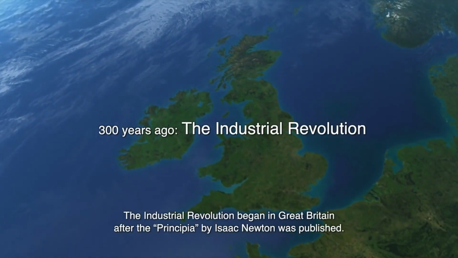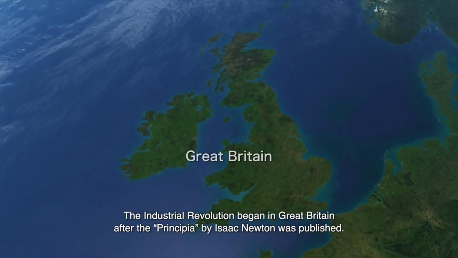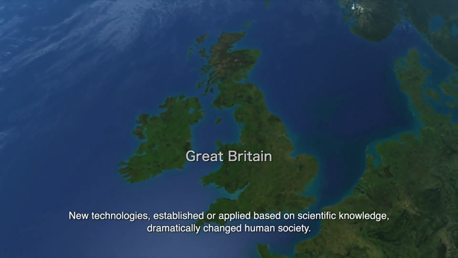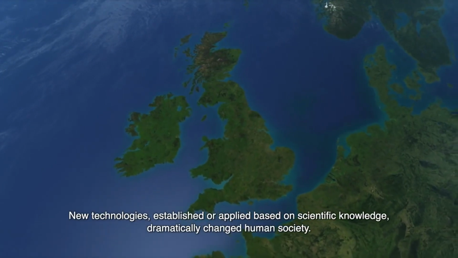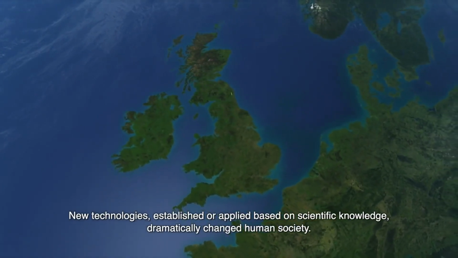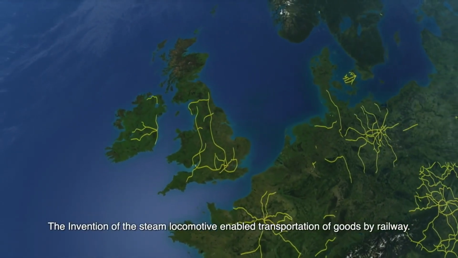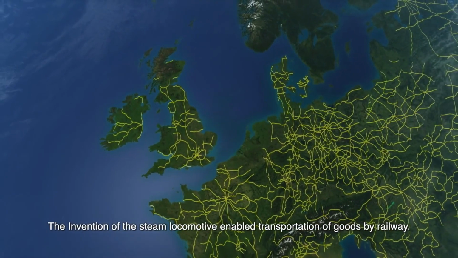The Industrial Revolution began in Great Britain after the Principia by Isaac Newton was published. New technologies, established or applied based on scientific knowledge, dramatically changed human society. The invention of the steam locomotive enabled transportation of goods by railway.